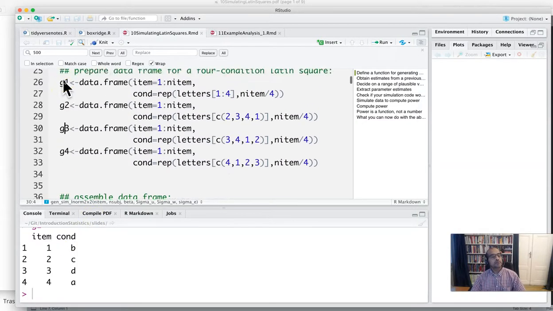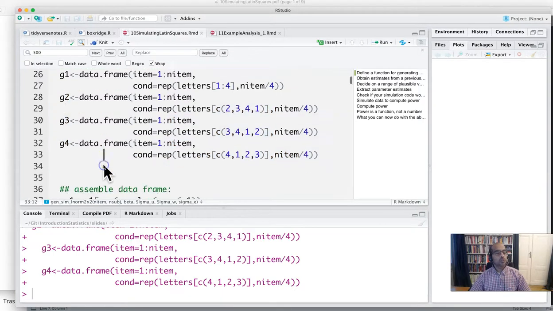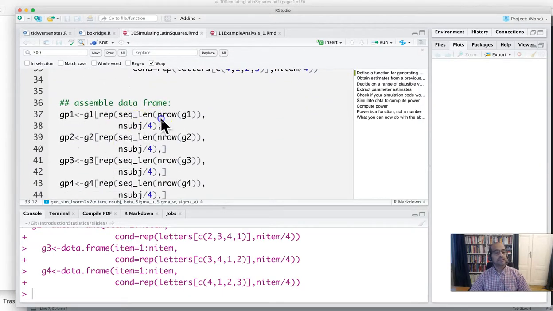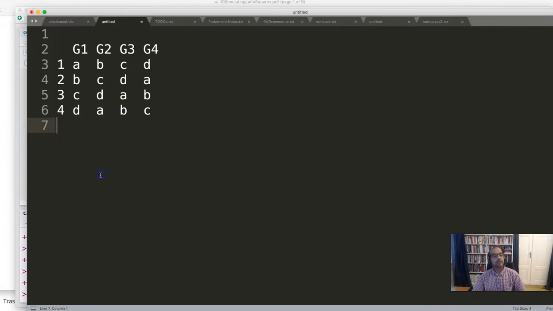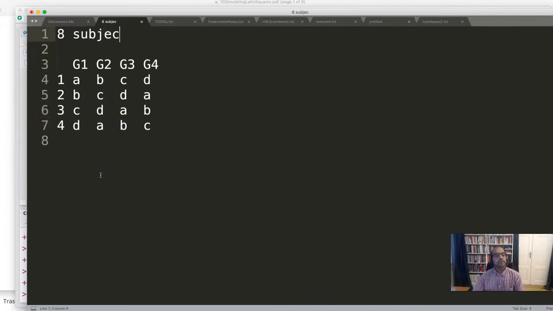Once I've produced these 4 groups, I'm going to assemble a data frame for the number of subjects that I'm going to have. Imagine that I've got 8 subjects. Let's say I'm running an experiment with 8 subjects in this 4 group experiment. I'm going to assign 2 subjects to each of these groups.